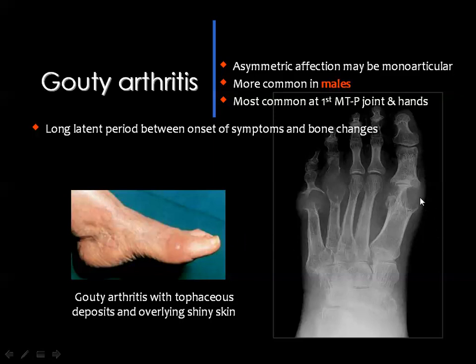The erosions are classically sharp, punched out erosions, and they start adjacent to the joint line, and later on they will affect the joint line and may cross to affect the opposite bone as well.